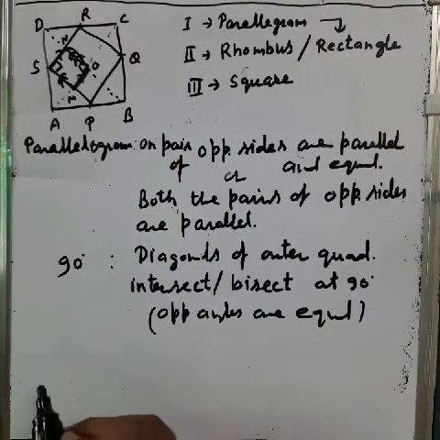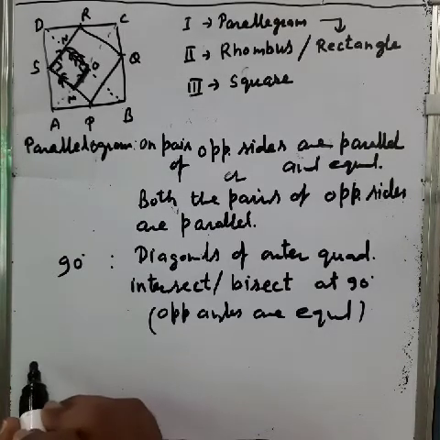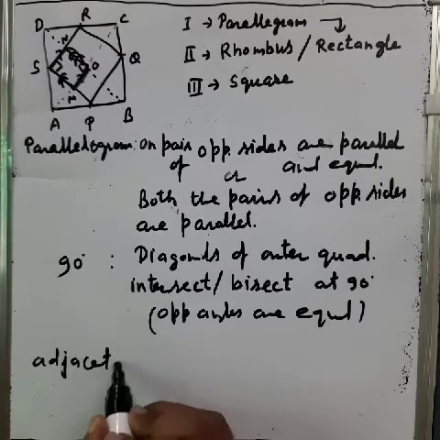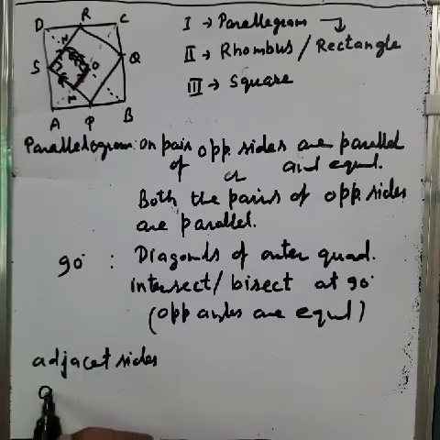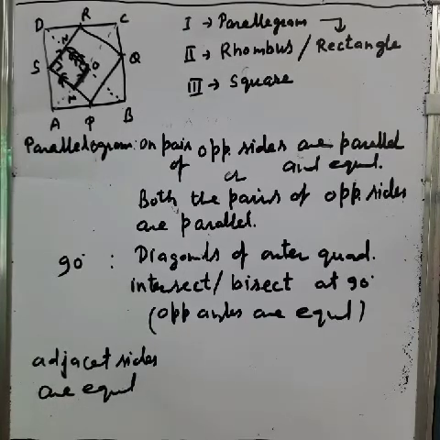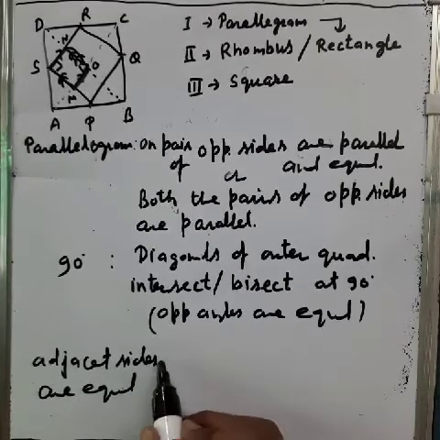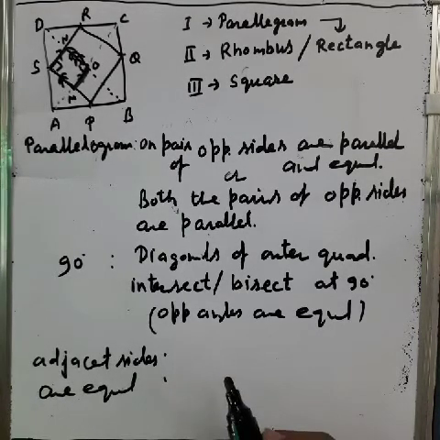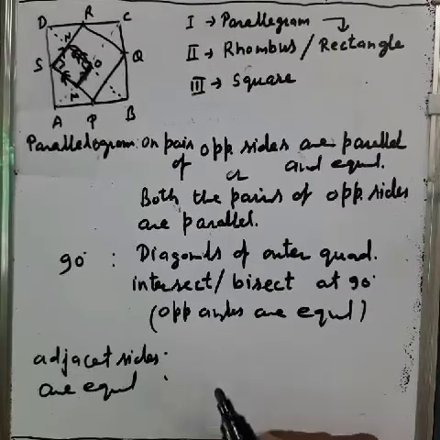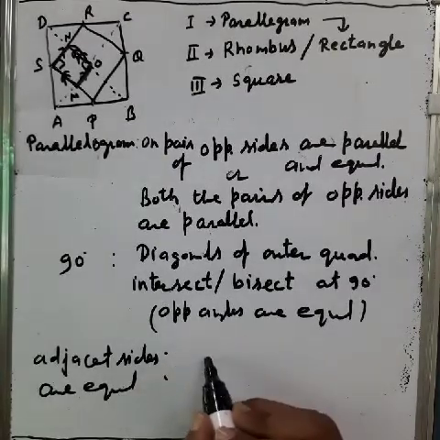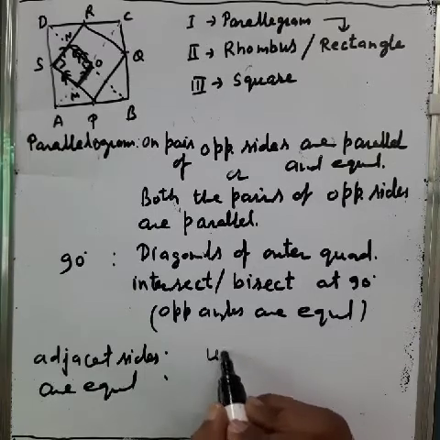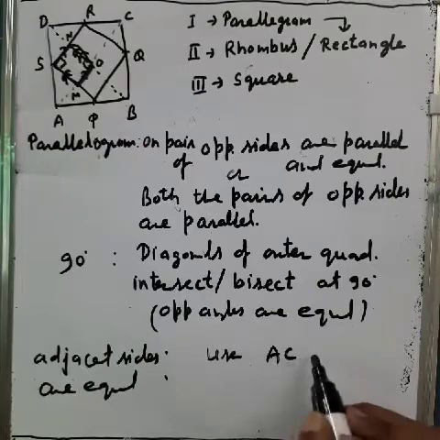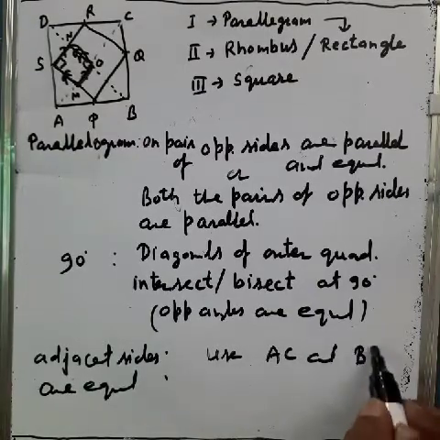Okay, if you have to prove adjacent sides are equal, sides are equal means you have to prove it is a square or rhombus. In both cases, how will you prove? You will prove two times, means you will join both the diagonals. You will use both the diagonals for the midpoint theorem, AC and BD.